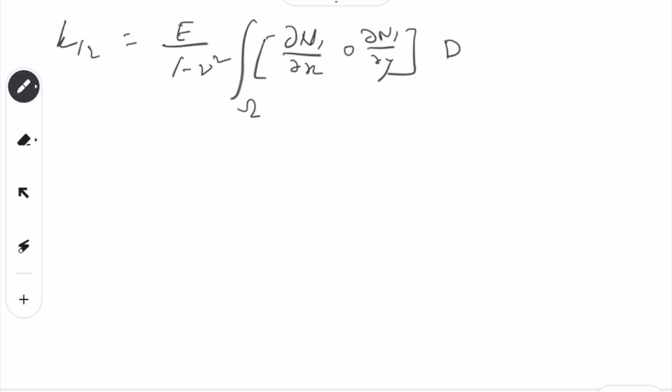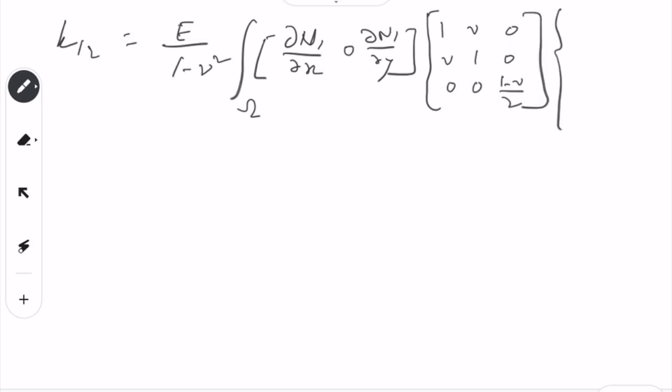So, we already wrote here, we write it as 1, nu, 0; nu, 1, 0; 0, 0, (1 minus nu) over 2, and then we are going to write del 0 here.